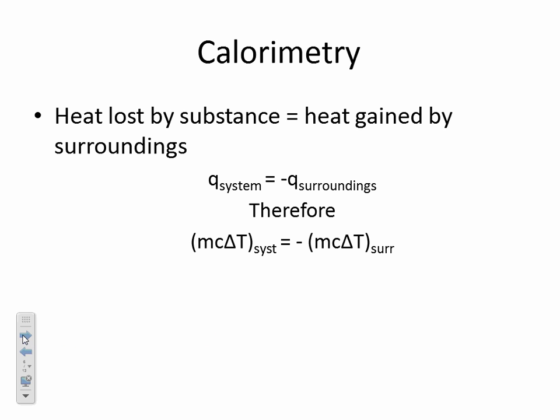And we will use this to solve calorimetry problems. So when you're looking at these problems, if you have two substances, that's how you know you're going to use this form of mcΔT equals mcΔT. Or if you see the keyword calorimeter, because calorimetry is this transfer of heat from one thing to another.